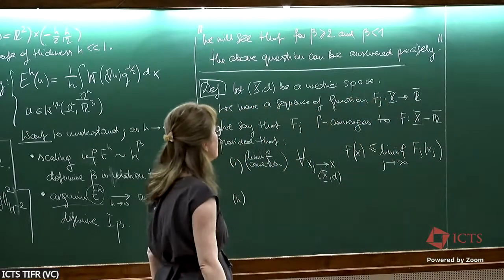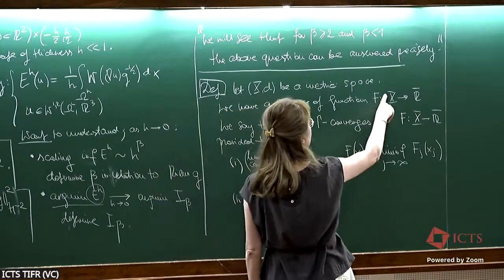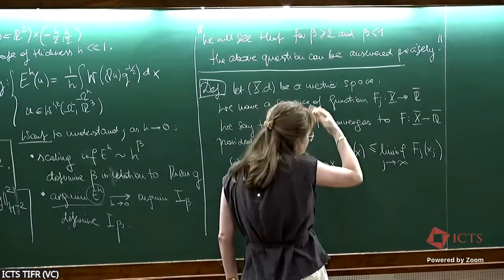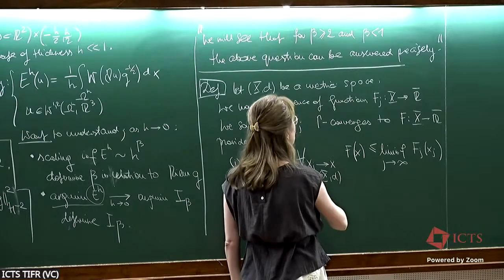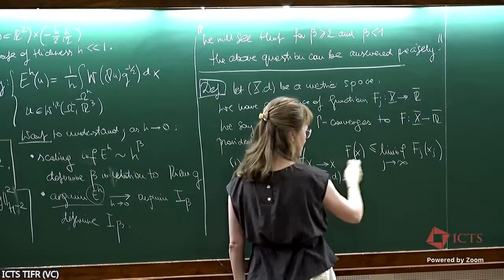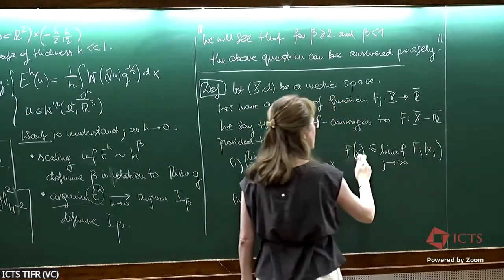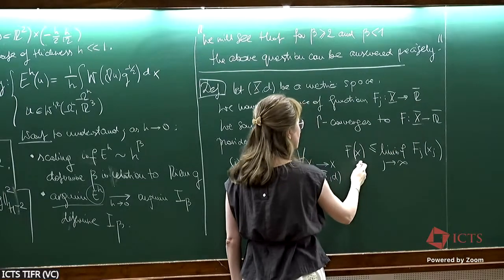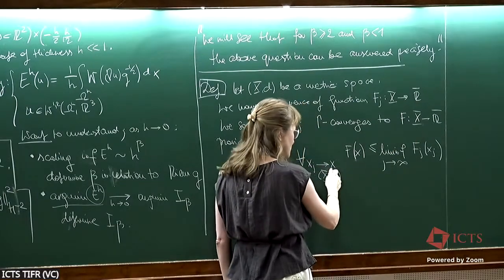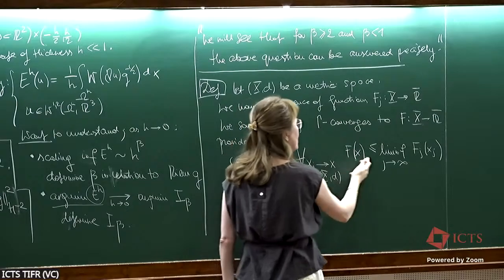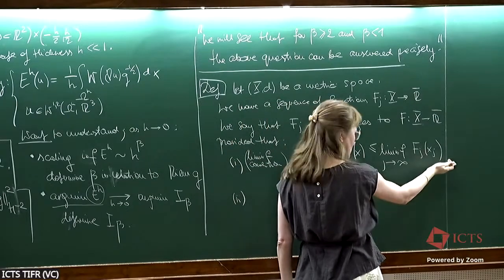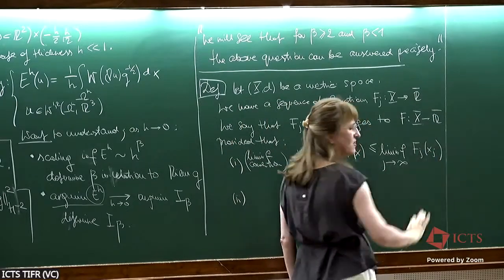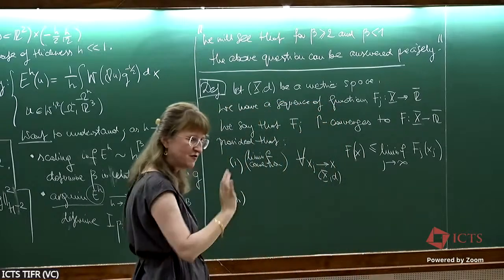Okay? So if I look at the behavior of F_j along any converging sequence in the base space, then capital F, the gamma limit evaluated at the limit of that sequence, must provide a lower bound for F_j along x_j. Okay, that's the first condition.